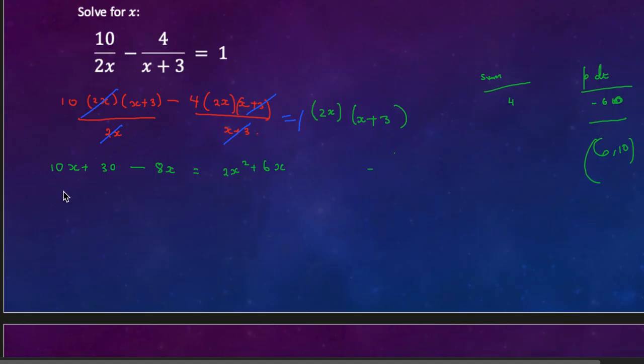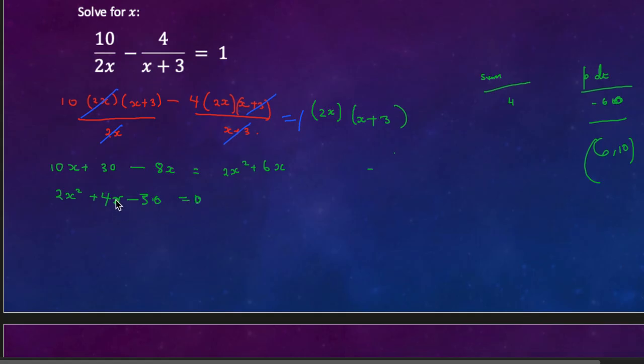Okay, so at this point where we are collecting like terms, we shall have 2x squared plus 4x minus 30 equals 0. Remember, any quadratic must have a 0 at the other side.